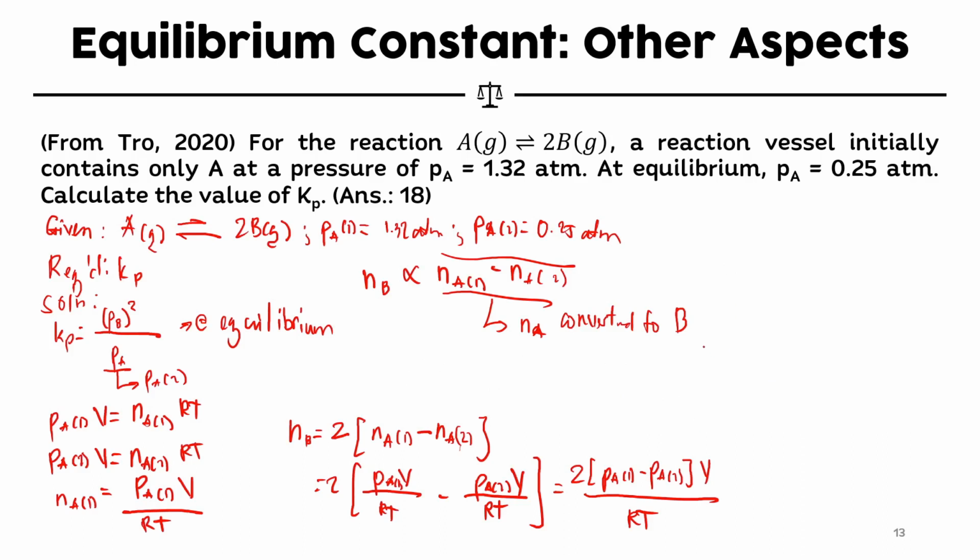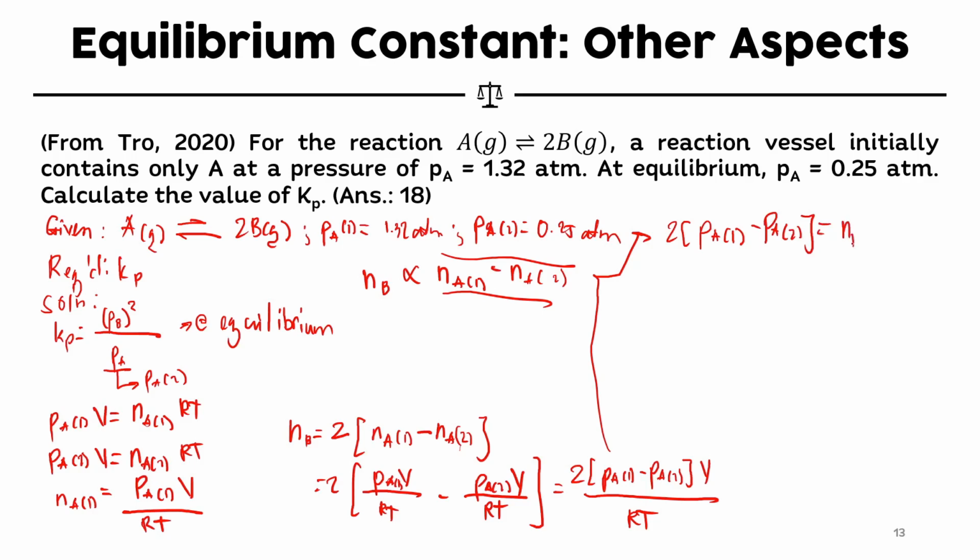So that would be equal to 2 multiplied by Pa1 minus Pa2 equals NB RT over V. And we have already seen this expression on our previous slides; this is the expression for the partial pressure of B at equilibrium.